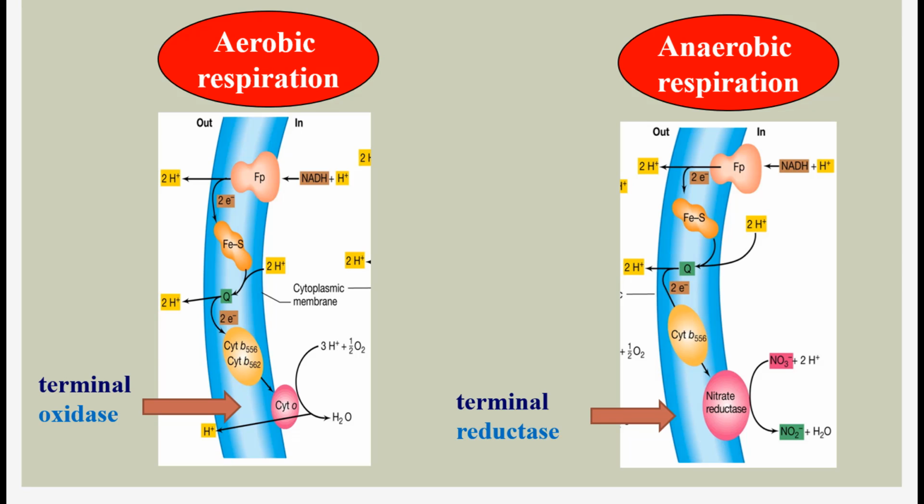Because enteric bacteria are facultative anaerobes, the terminal electron carriers in the electron transport system vary depending on the presence or absence of oxygen. Terminal oxidases such as cytochrome O are expressed when oxygen is present, while terminal reductases such as nitrate reductase are expressed when oxygen is absent.